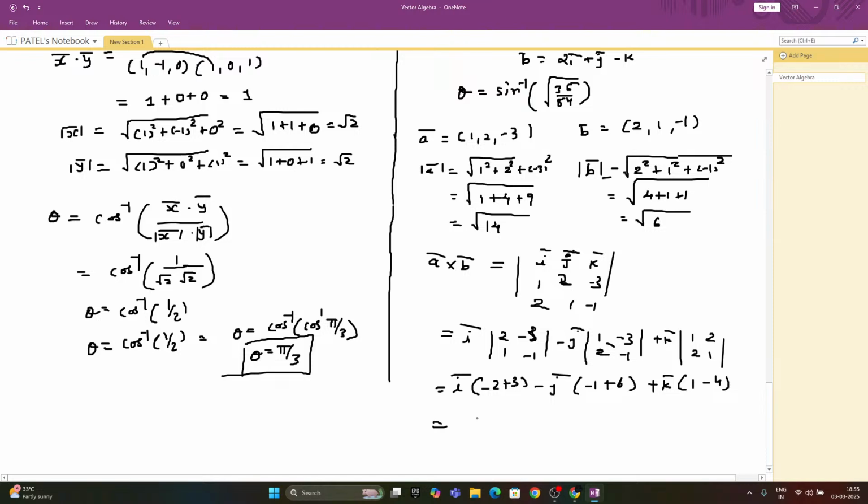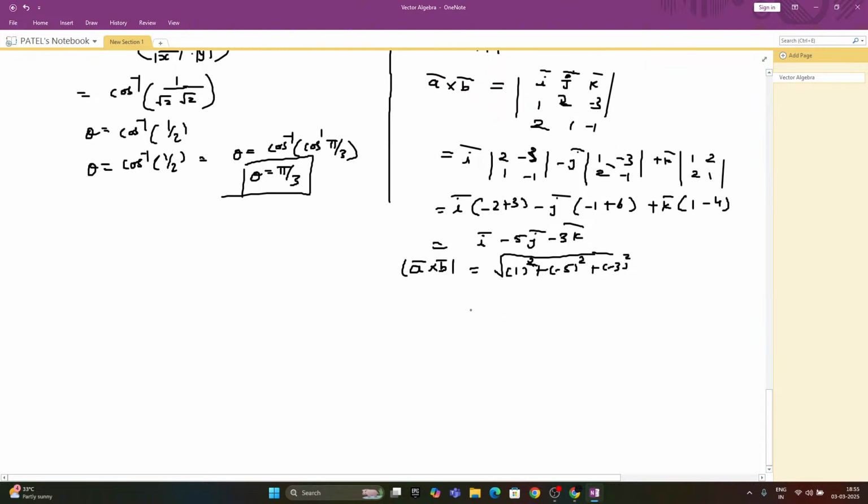So 3 minus 2 it is 1, which is only I. 6 minus 1 it is 5, so minus 5j, and 1 minus 4 it is minus 3k. So if you go for the A bar cross B bar modulus, it is like 1 square, minus 5 square, minus 3 square. So it is like 1 plus 25 plus 9. So it is under root 35.